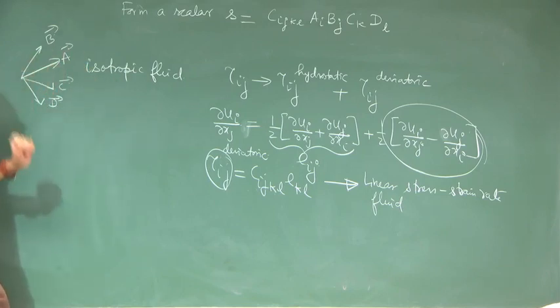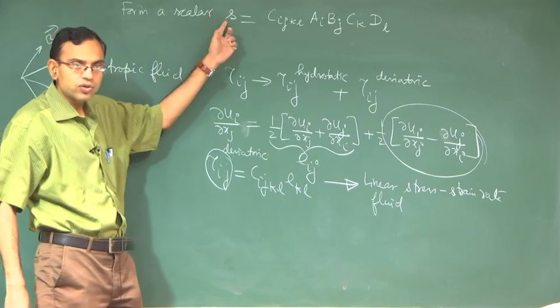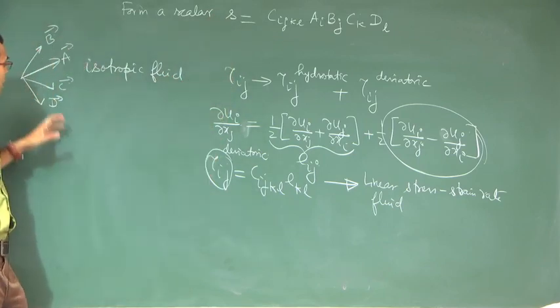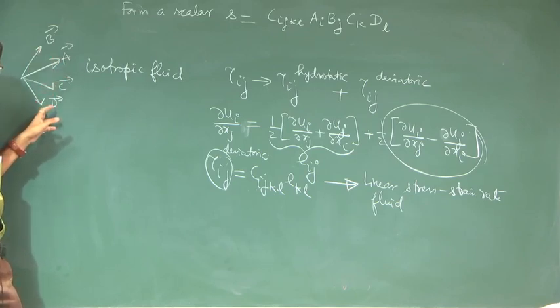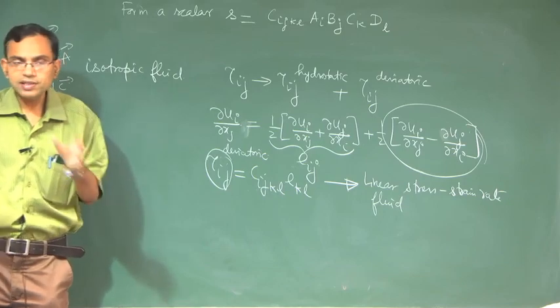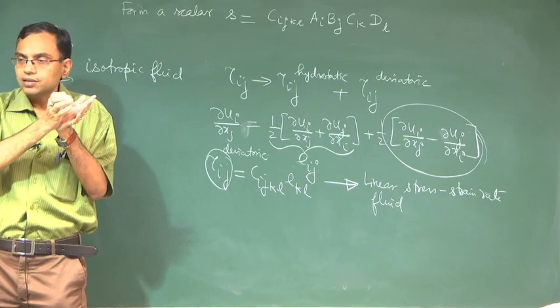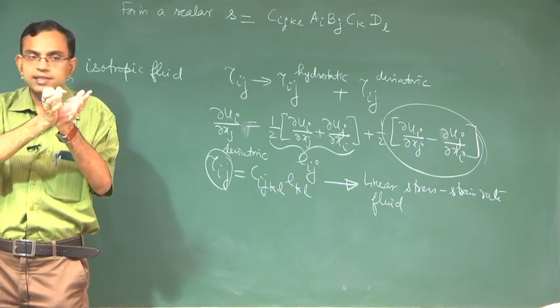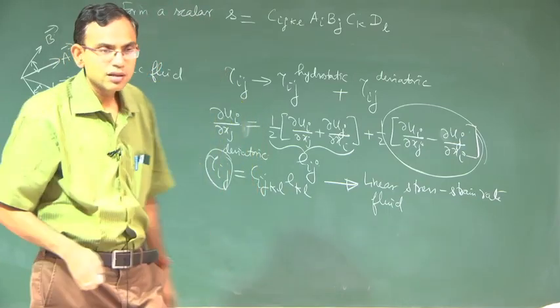So, if the properties originated from C_ijkl are isotropic, then S is isotropic. That means the orientations of the axis a, b, c, d are not that important. What will remain important? The angle between them will remain important, because that is what is preserved even after rotation. After rotation, the absolute orientation changes, but the relative orientation, that is the angle between two vectors, remains conserved.